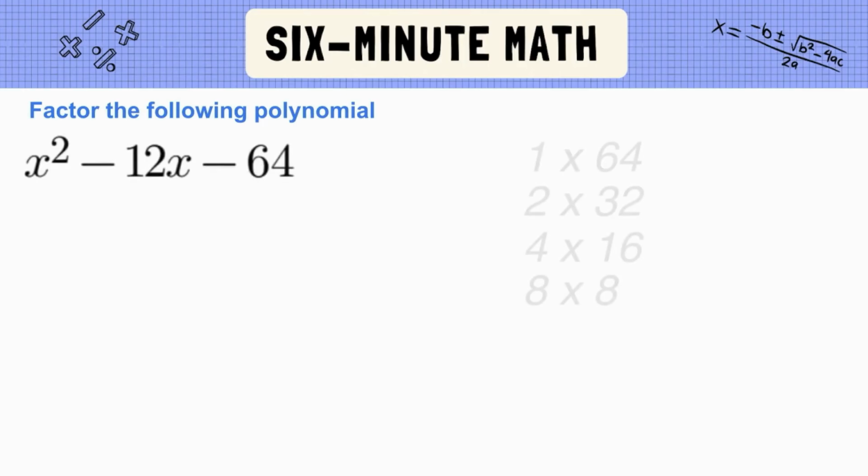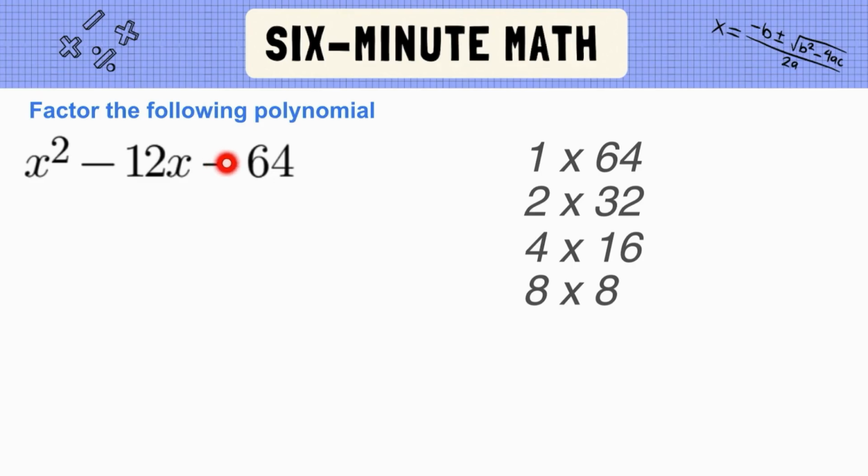Let's factor x squared minus 12x minus 64. And I already have my factors there on the screen. So I'm looking for two numbers that subtract to this middle b value of 12. So let's do the differences here. We have 63, 30, 12, and 0.